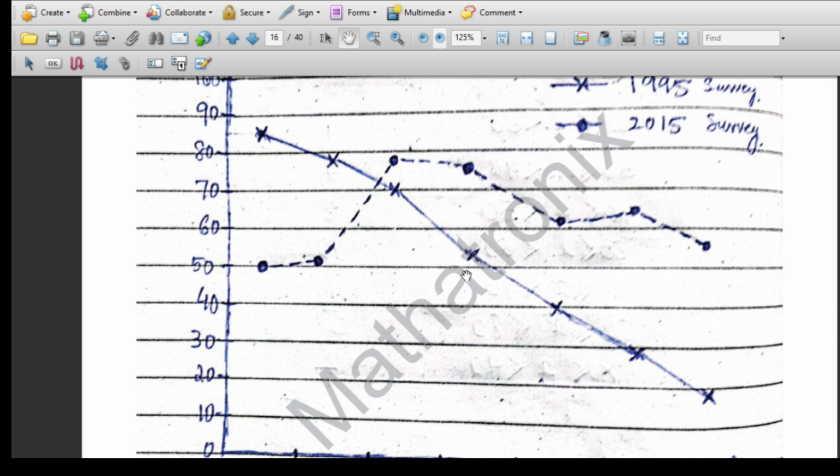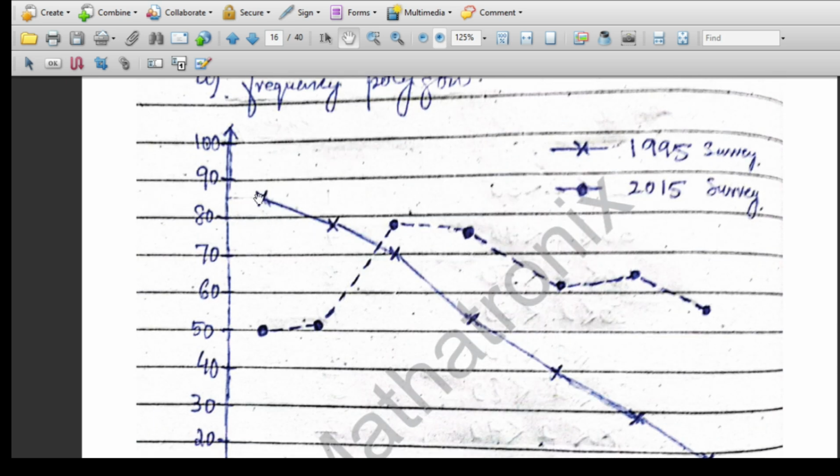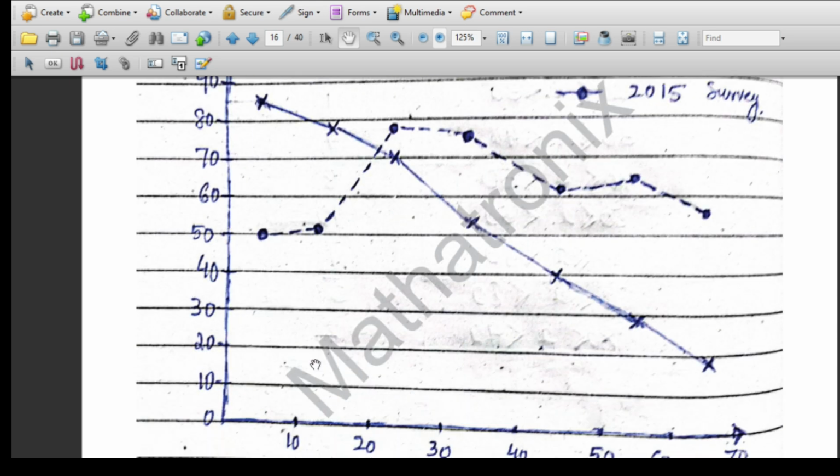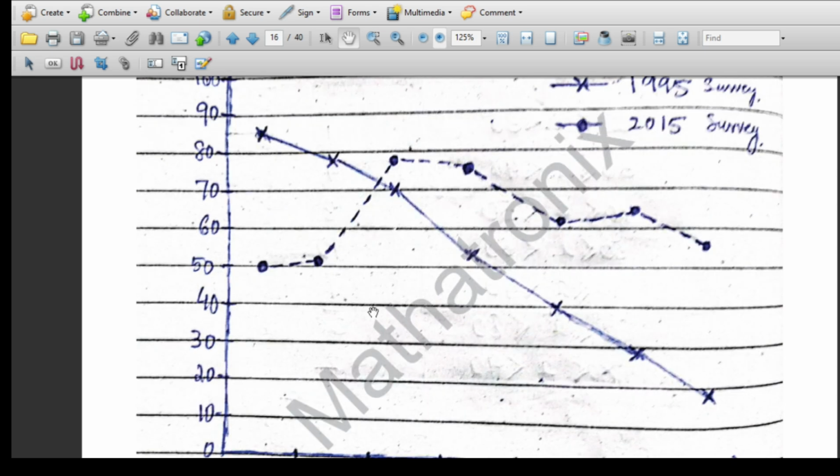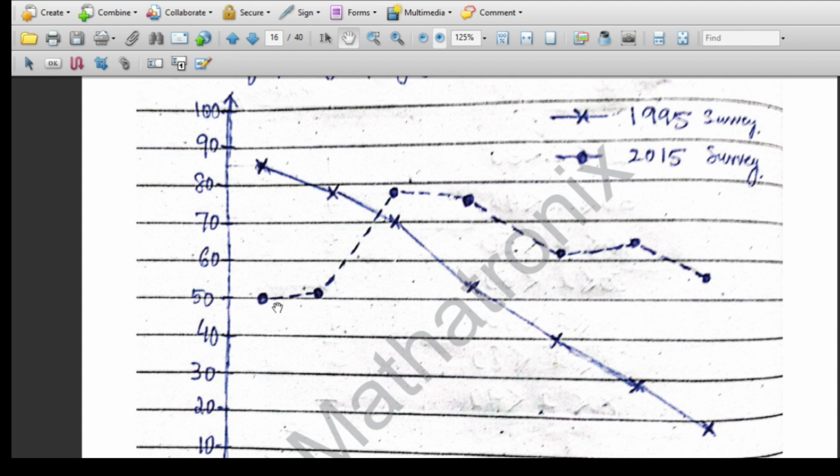So we can see that in 1995 the low age people were high, and the old people were in low numbers, while in 2015 the low age people were fewer and the middle age people were slightly higher according to this survey.